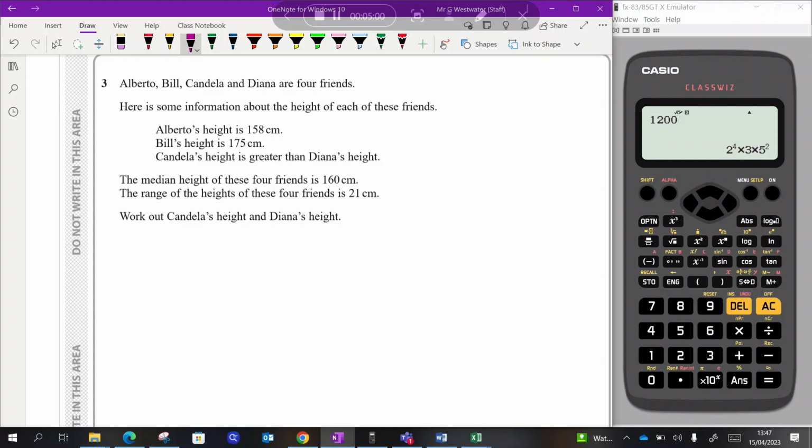Okay, so we've got 158 for Alberto, we've got 175 for Bill, and Candela's height is greater than Diana's height. So essentially, our C and D, for lack of a better descriptive thing, could go in a few places.